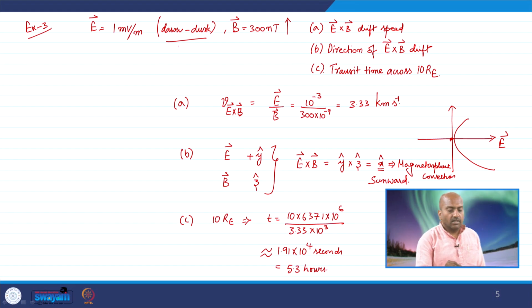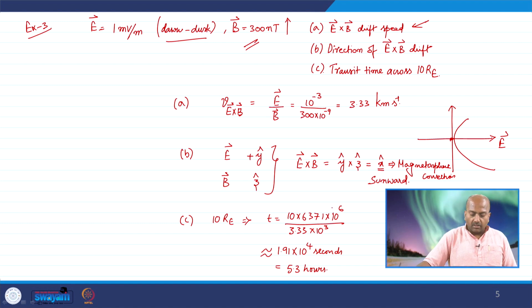Now, you see the dawn dusk electric field in combination with the magnetic field is producing the E cross B drift in the sunward direction, which is actually responsible for the magnetospheric convection, and the time that it takes for the transit is approximately 5.3 hours.